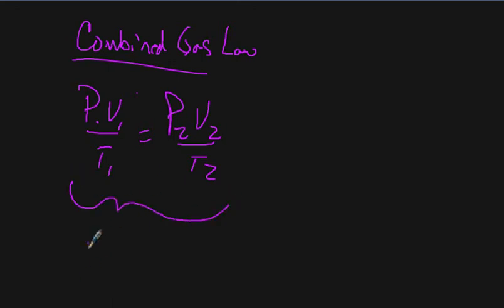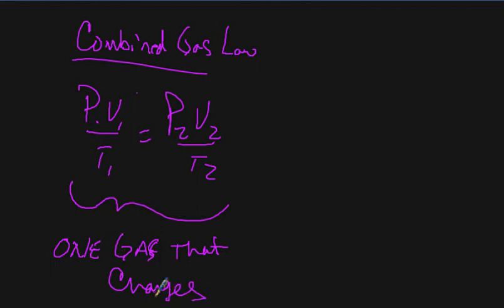This has to deal with when it is one gas that changes. So if it's going from an initial condition to a final condition, if there's something that changes with the gas, we go from a starting position to a final position, we're going to use the combined gas law.